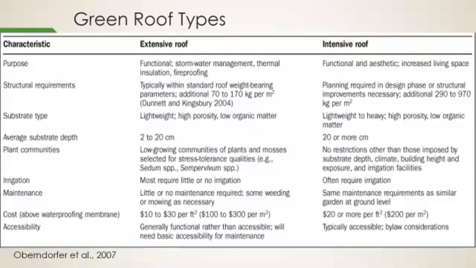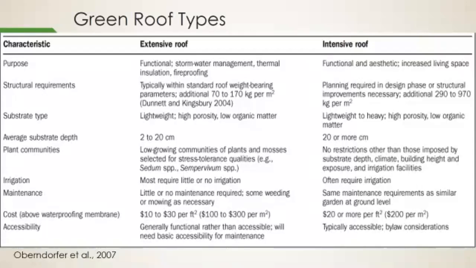So more park-like amenity open to the public. And those are usually going to be more intensive roofs, and they can be functional, but more often than not have that amenity feature to them, and increased living space.